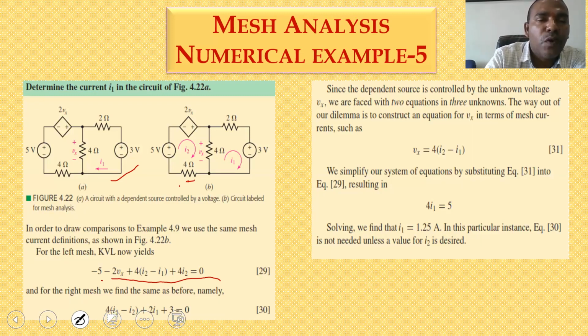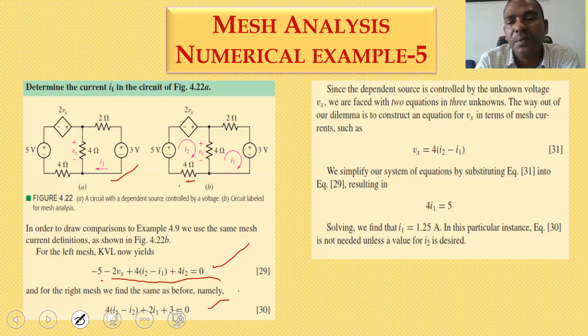So that is 4 times (I2 minus I1), which is the same as Vx, the voltage drop across the resistor. Then for the other 4 ohm resistor, the drop is 4 times I2. So this is the equation you are getting. If you modify, 4 times (I1 minus I2) plus 2 times I1 plus 3 is equal to 0.